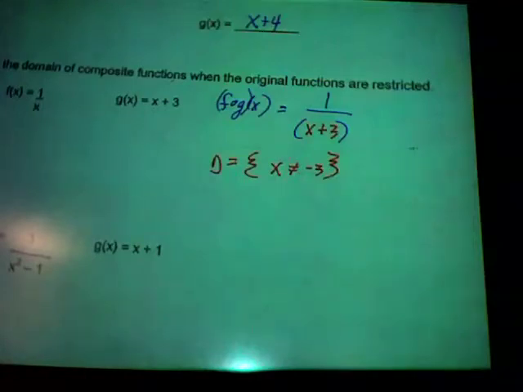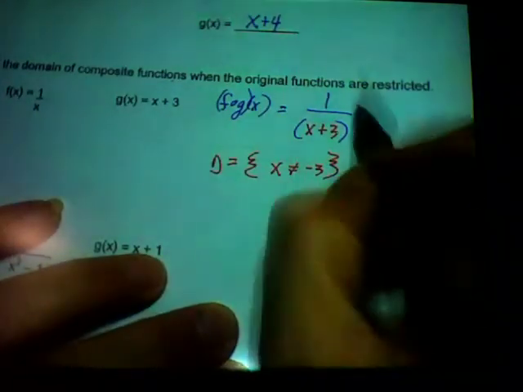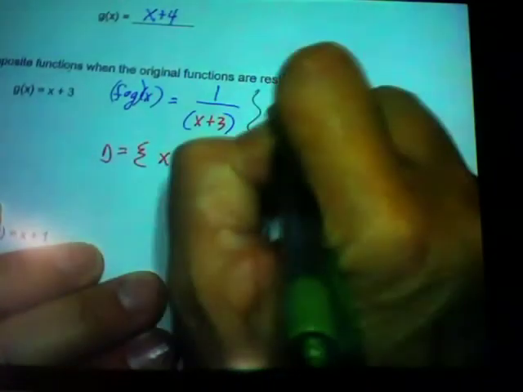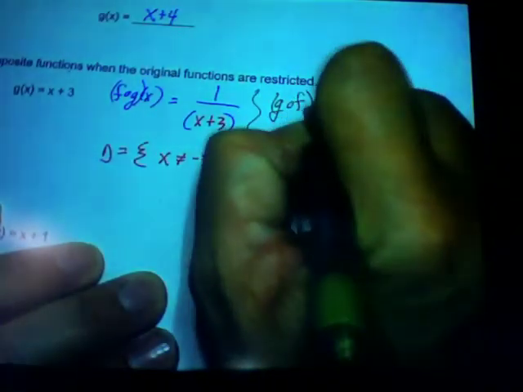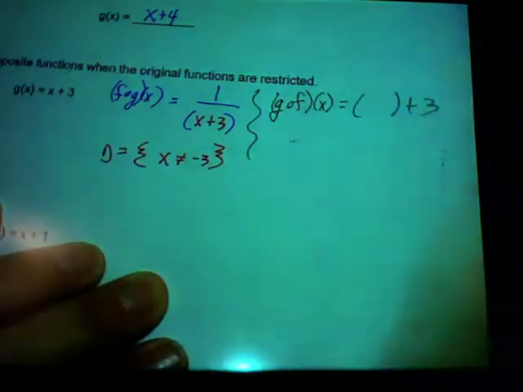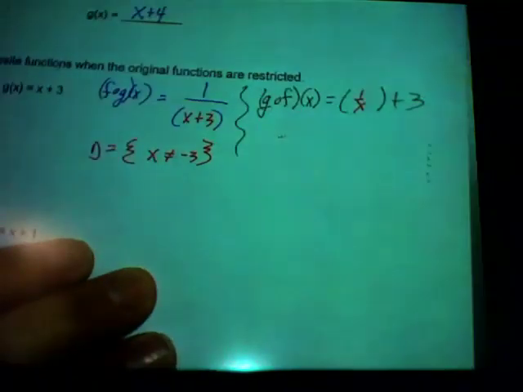Okay. All right, so g of f. So I've got 1 over x there. What's the restriction there?